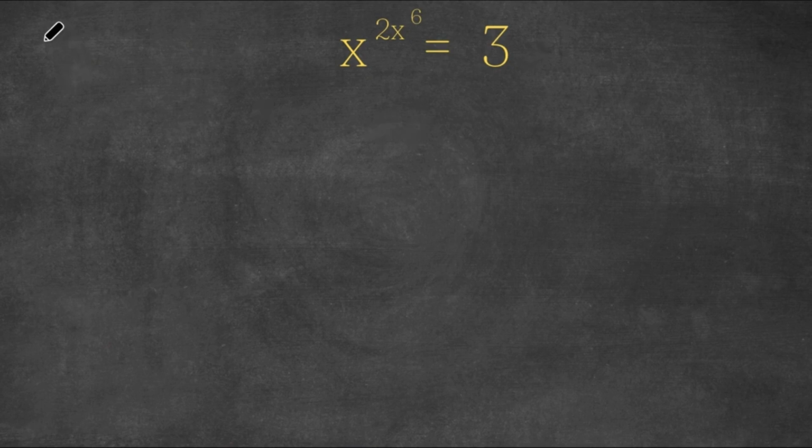Now what I'm first going to do is I'm going to let a equal x to the power of 6. So if a is equal to x to the power of 6, then a to the power of 1 over 6, this would equal x, right?